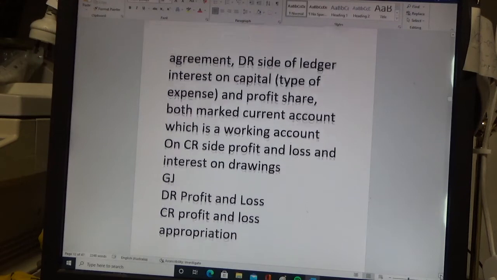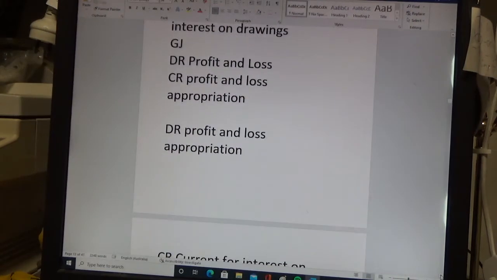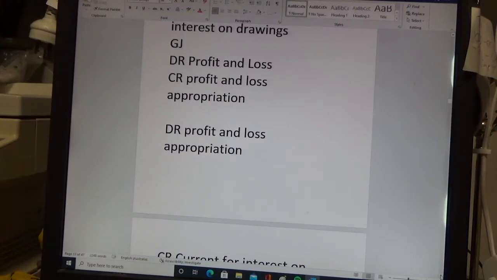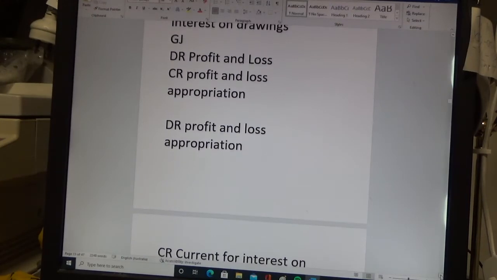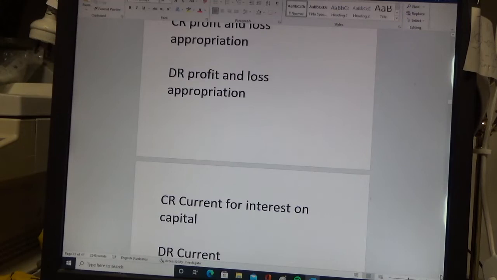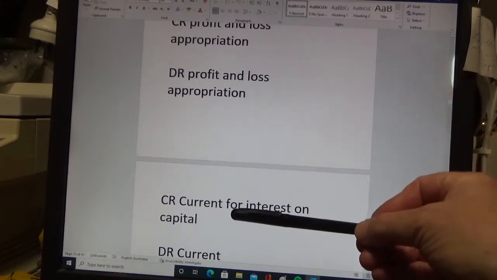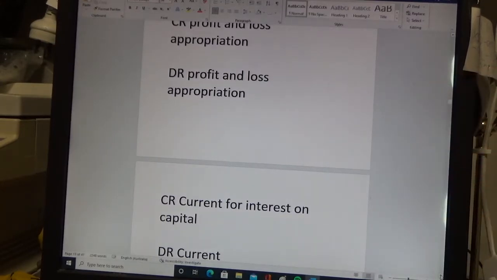Another general journal entry: debit profit and loss, credit profit and loss appropriation. Yep. And what's this one? It's interest on capital. You debit profit and loss appropriation, credit current account for interest on capital, okay?